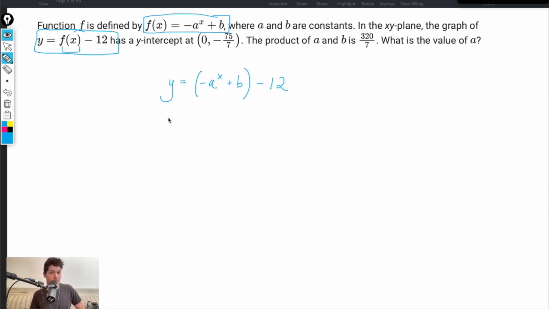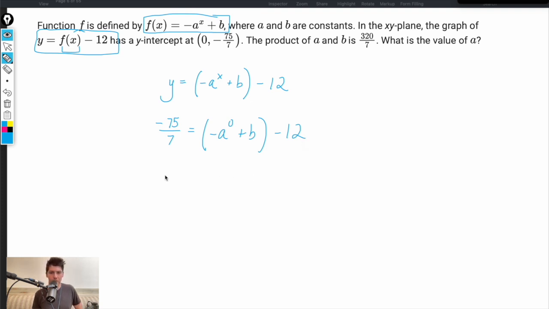We have a y-intercept given to us. We know that negative 75 over 7 is equivalent to negative a to the power of 0, because this is an x value, plus b minus 12. Okay, fair enough. There's some things we can do here.